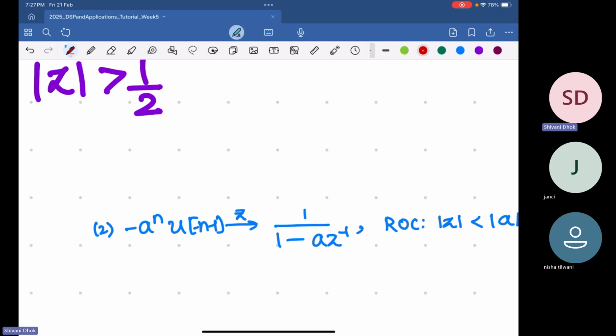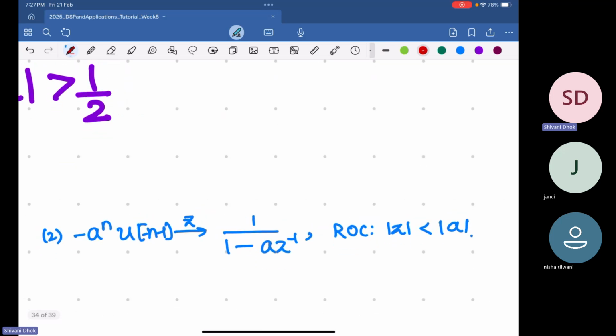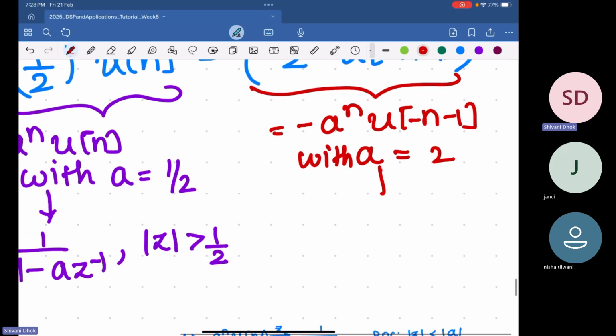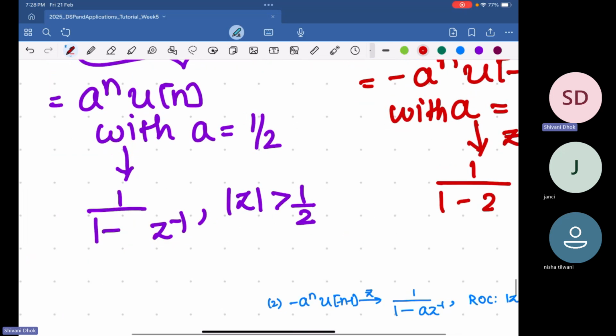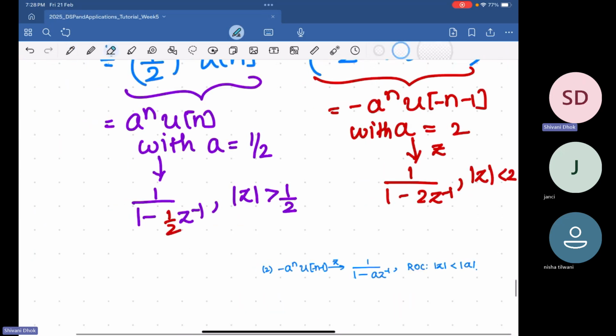This has a z transform of 1 upon 1 minus a z inverse with ROC magnitude of z less than magnitude of a. So this will have a z transform of 1 upon 1 minus 2z inverse with ROC magnitude of z less than a, that is 2.